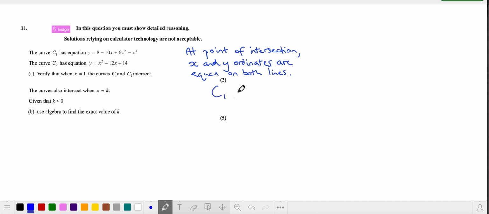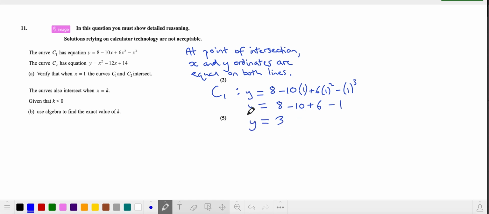So, curve C1, y equals, let's sub in x equals 1 and see what we get. Write an x there, I meant to write 1, because that's my substitution, plus 6 lots of 1 squared minus 1 cubed gives me 8 minus 10 plus 6 minus 1, which equals minus 2 plus 6 is 4 minus 1 is 3.